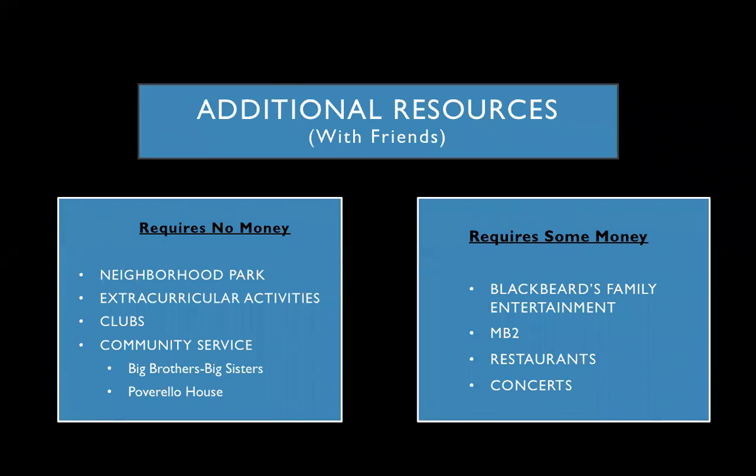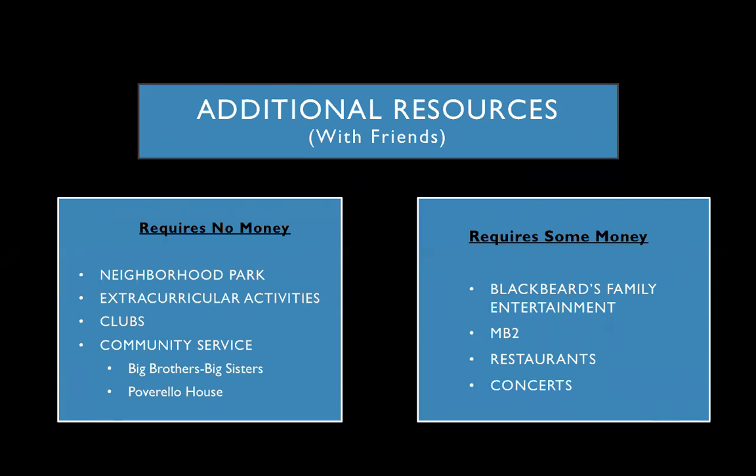Here are some additional resources that I've researched. In the Clovis High area, there's a lot of neighborhoods that have parks inside of them. So that's a place that the friends can go and hang out. Some more things: extracurricular activities, so clubs within the school, and then community service as well.